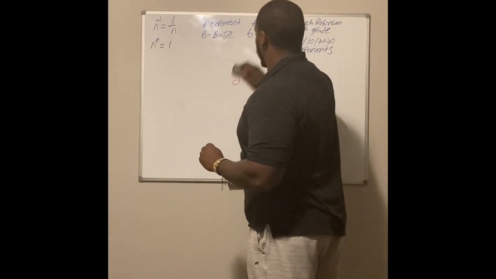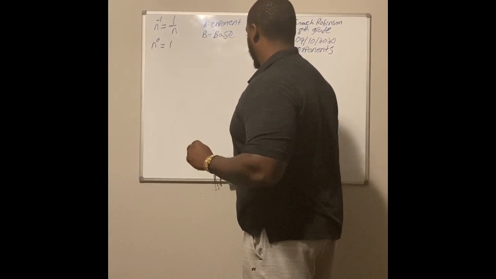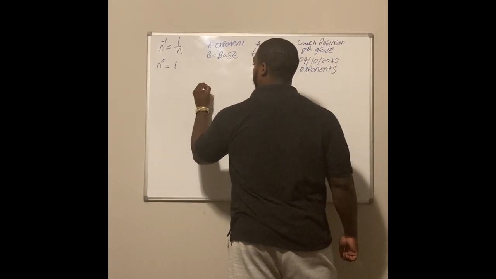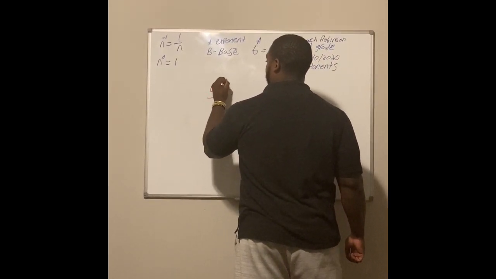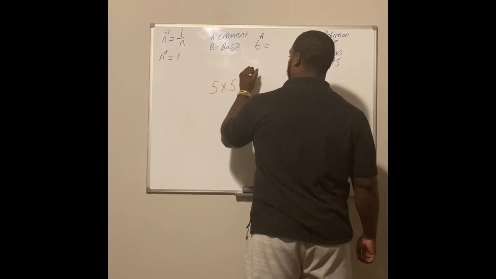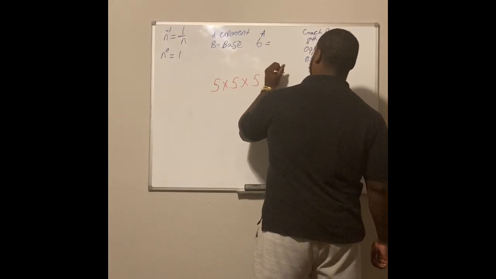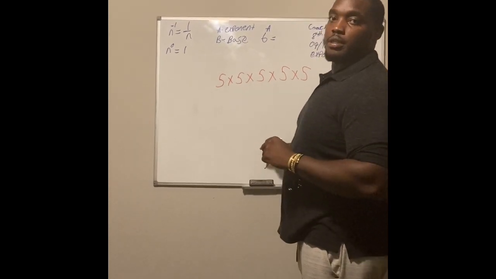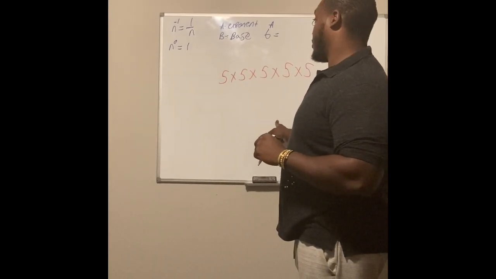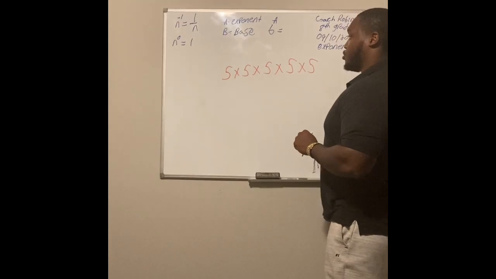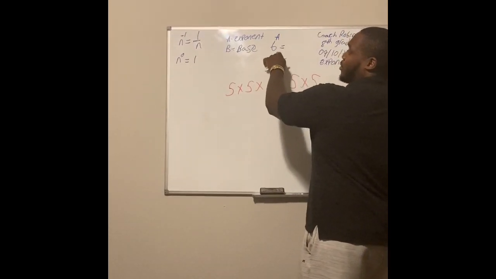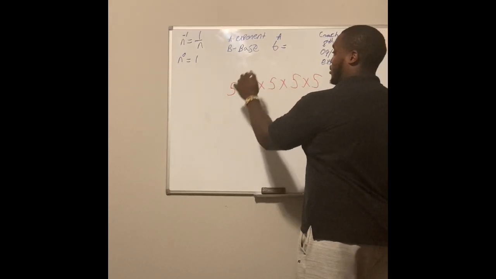So now, what I'm going to do is write 5 times 5 times 5 times 5 times 5. If I ask you to put this in exponential form, right, you should be able to give me the exponent, okay?